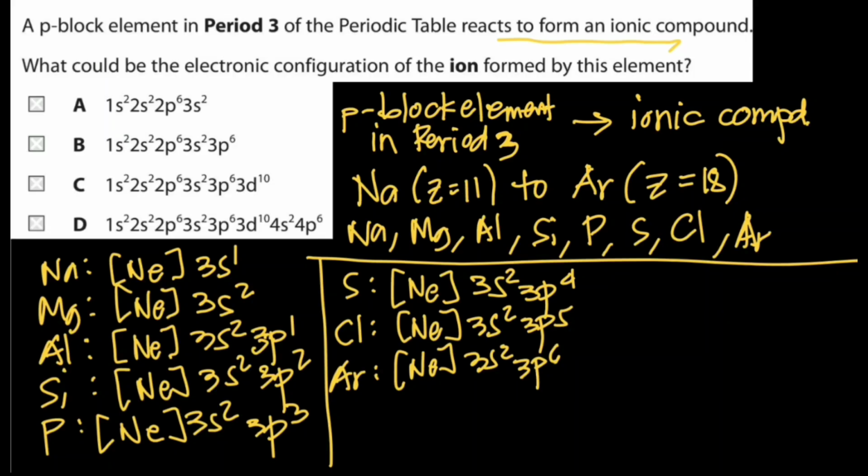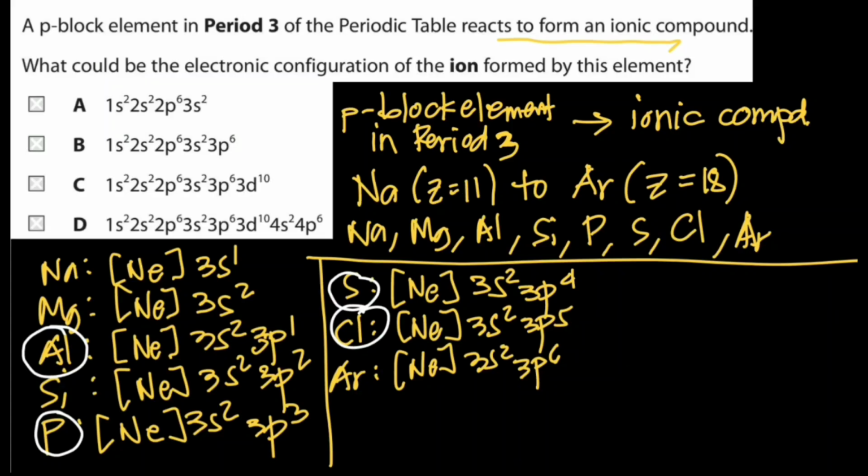Now among the elements here, from sodium to argon, aluminum, phosphorus, sulfur, and chlorine form ionic compounds. Aluminum forms alumina or aluminum oxide. Then phosphorus forms sodium phosphide, sulfur forms sodium sulfide, and chlorine forms sodium chloride.